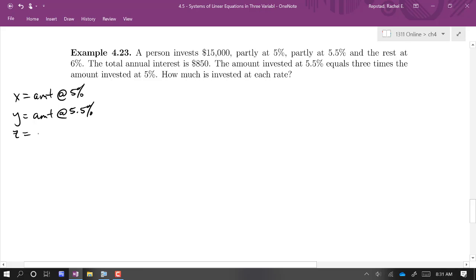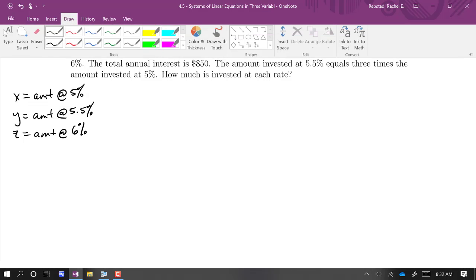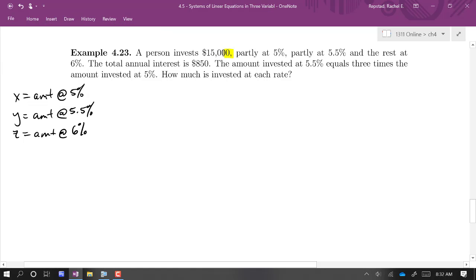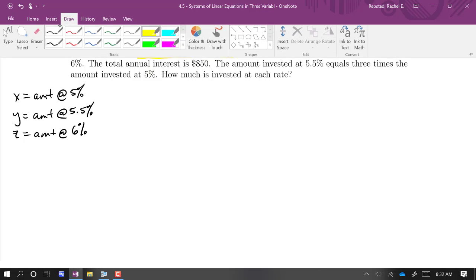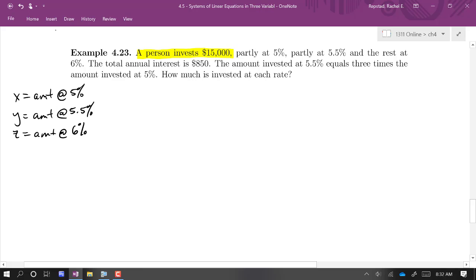And Z can be the amount invested at 6%. So we have 3 unknowns. That means we want to write 3 equations. So one equation is pretty simple, and we get that just from this first part here. A person invests $15,000. That means that if I add up the X, Y, and Z all together, that's going to make $15,000.